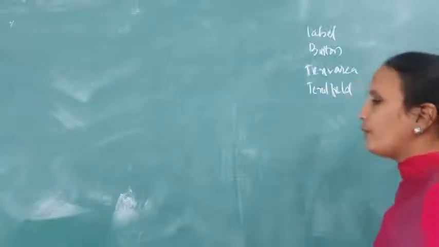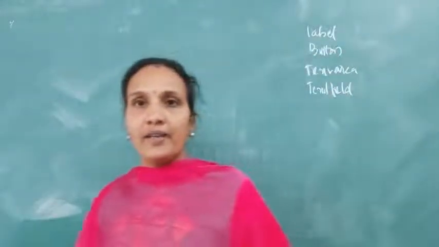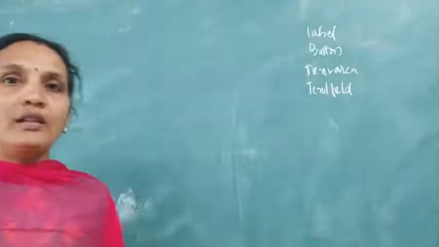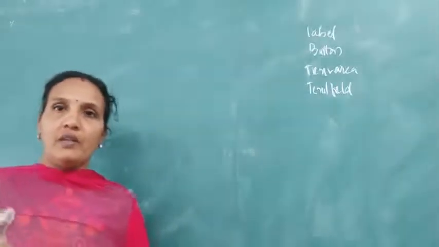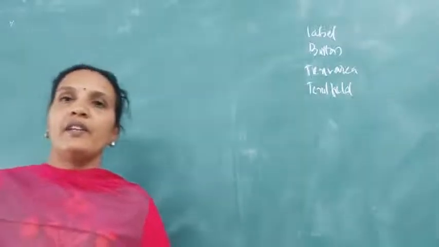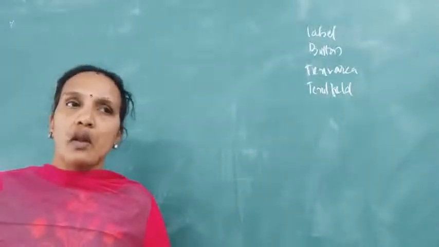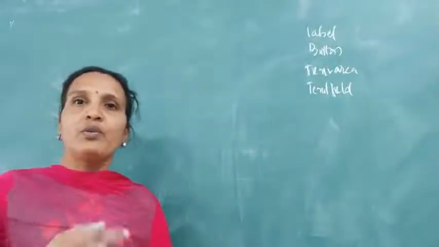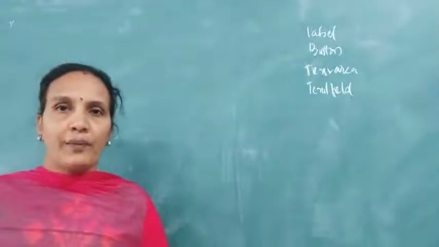So different components, whatever components I have given in the list, in the picture, one picture I have given, no? In that picture I have given different components. So all components I want to add to the frame.